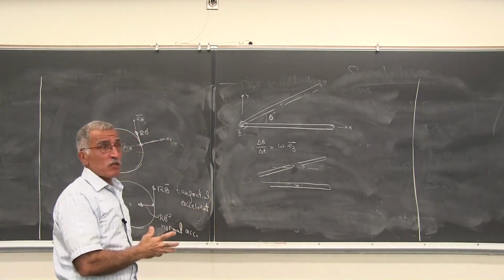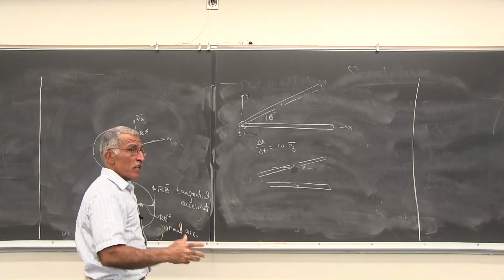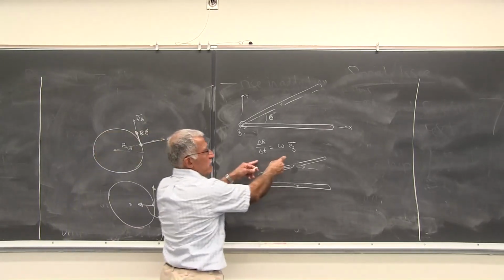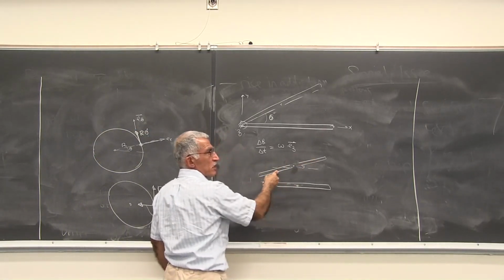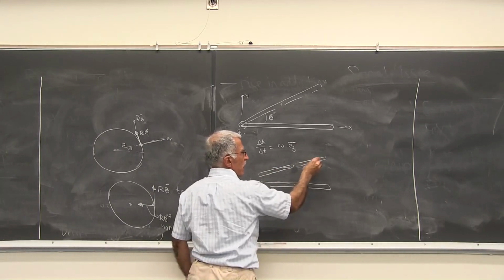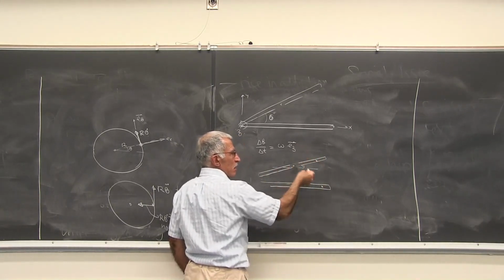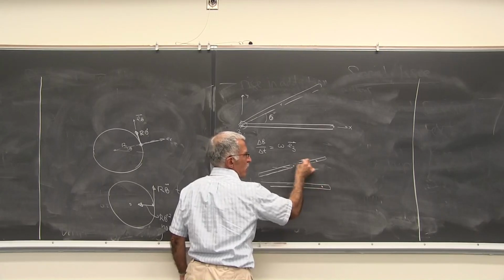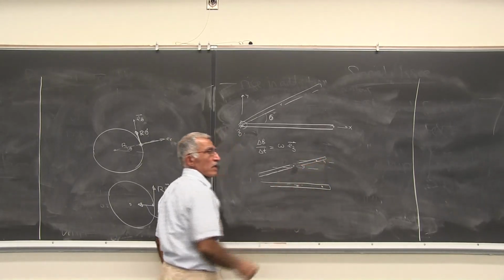But that's not the instantaneous axis of rotation. For the instantaneous axis of rotation, this omega doesn't make any difference. This is the same. You put your coordinate system here, you put the coordinate system there, it doesn't make any difference, as if the object has rotated the same amount.